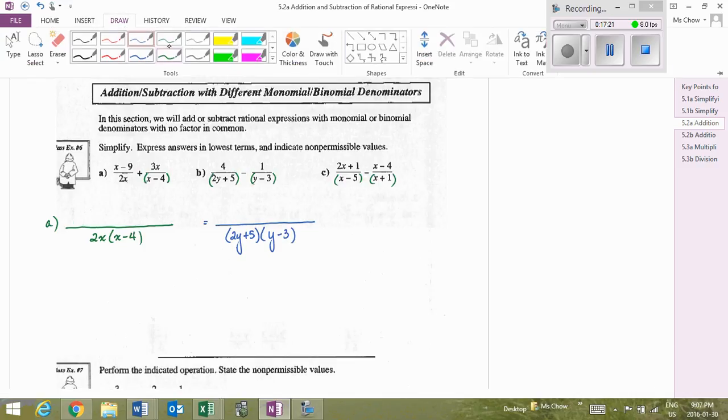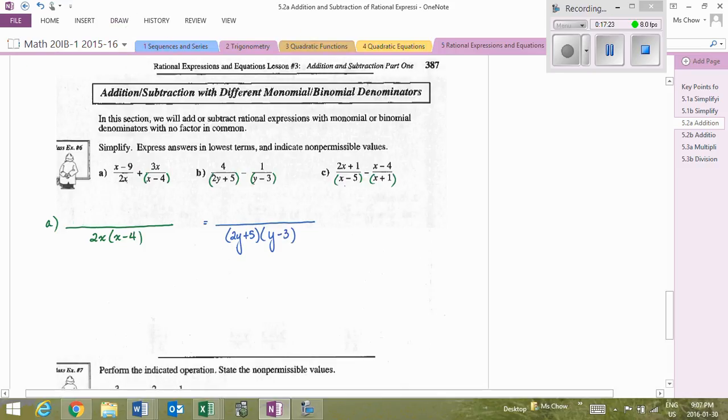Same thing for C. Totally different denominators, x minus 5, x plus 1, no common factors, so then my common denominator will be x minus 5 times x plus 1. So hit pause, and let's come back to this in a moment.